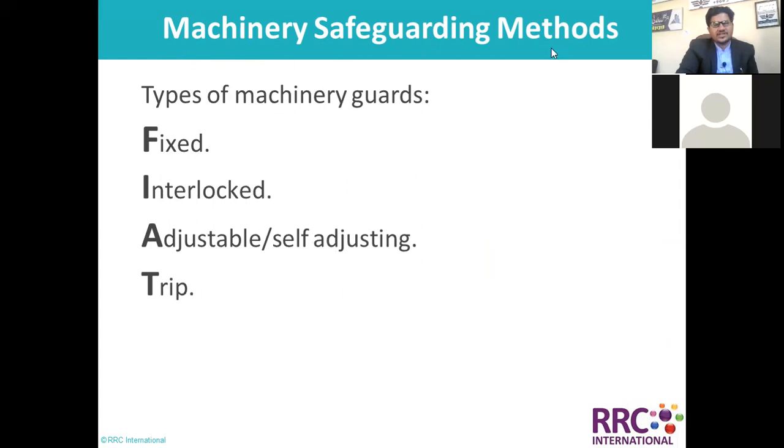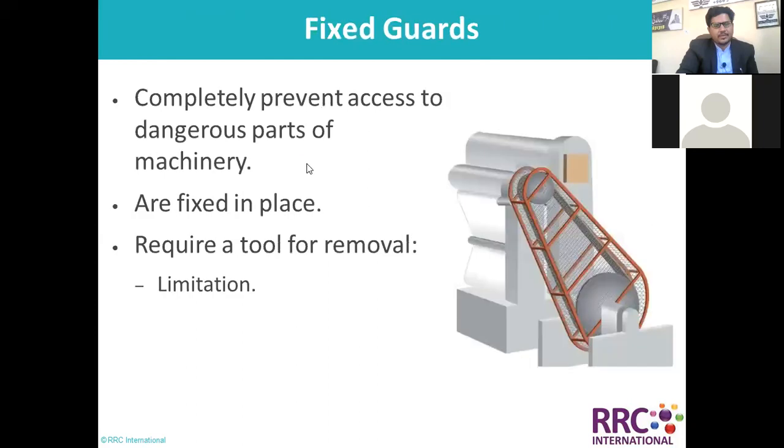These are the machinery safeguarding methods. Now, a fixed guard completely prevents access to the dangerous part of the machine. Look at the example. It is also fixed in place and requires a tool for removal. These are some of the limitations.